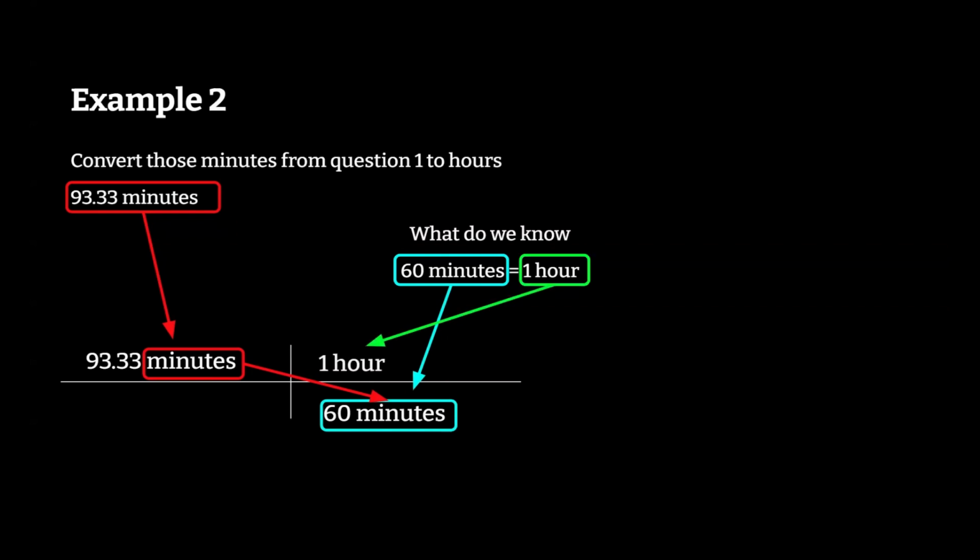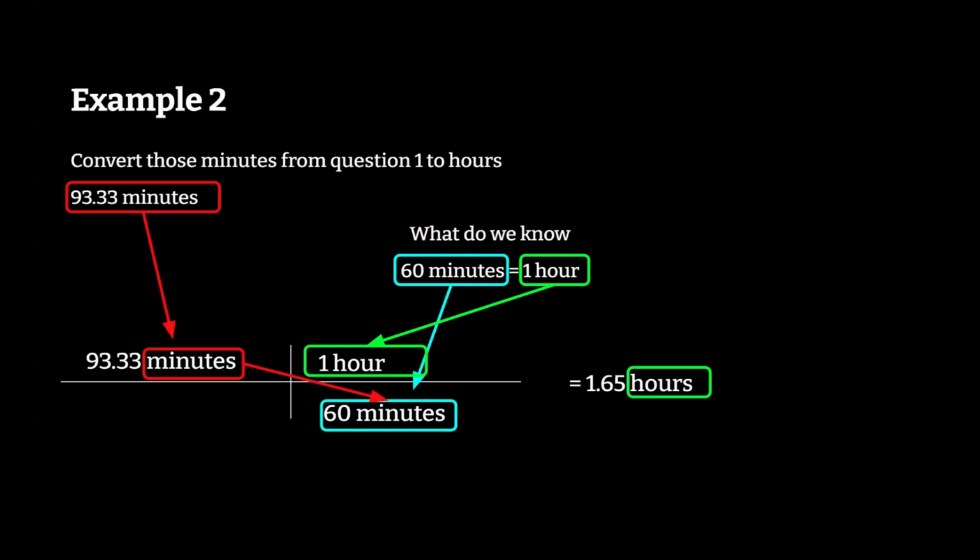That 1 hour will go on top. We multiply the top, divide the bottom. So 93.33 times 1 divided by 60, and that gets us 1.65 hours. We are asked to find hours in the question, and we are ending with hours. So we know that we have solved this correctly.